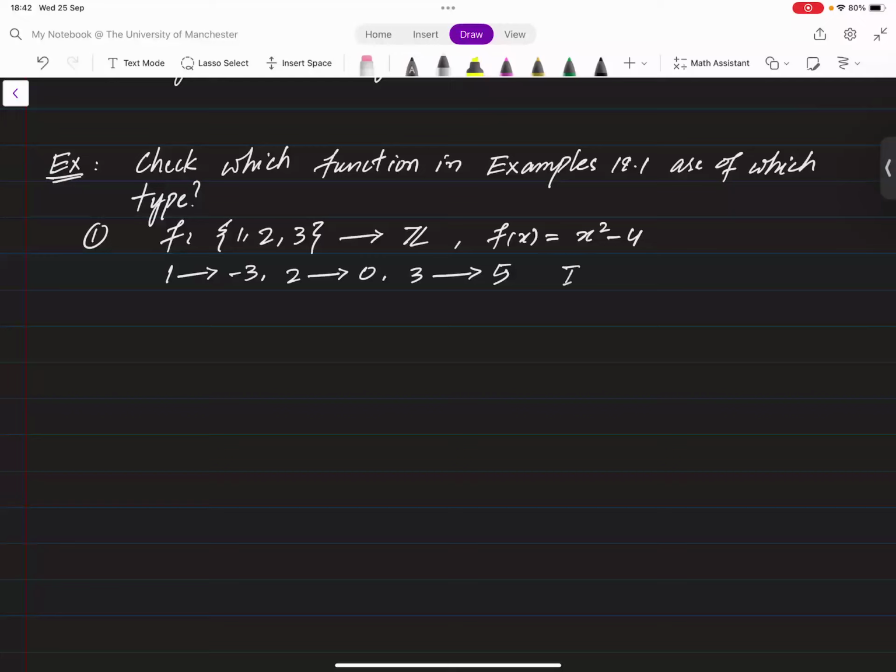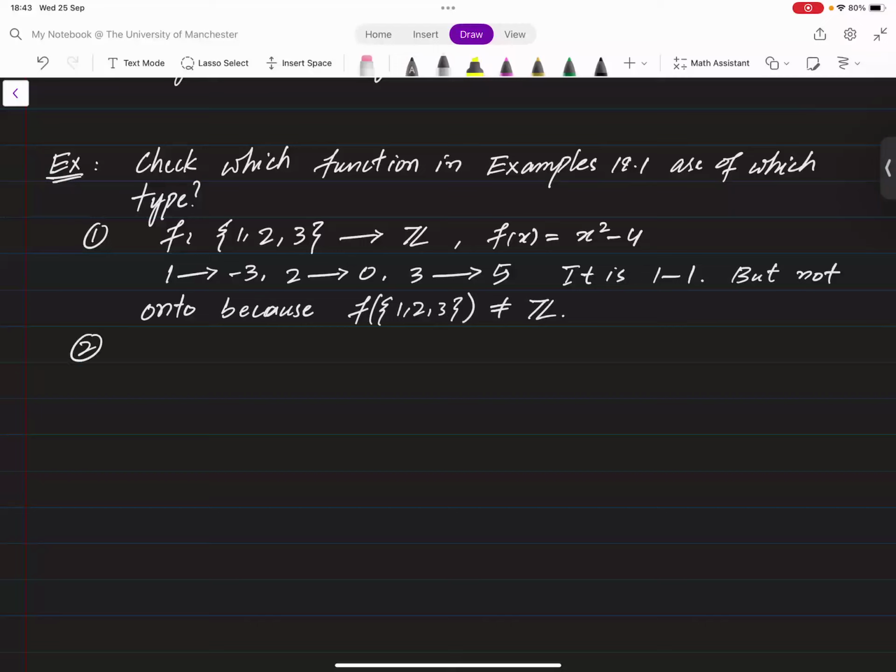So it is 1-to-1 but not onto, because f of {1, 2, 3} is not Z. Okay, perfect.